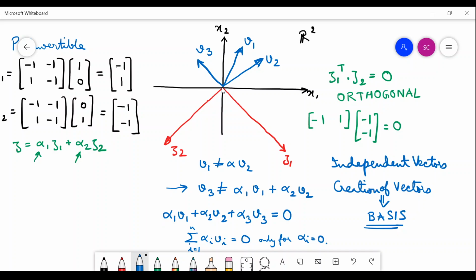So v3 and v1 will form an R2 plane. That v3 and v2 will form another, different R2 plane. This v1 and v2 is forming another, different R2 plane. So all these pairs of vectors will form bases of different R2 planes.